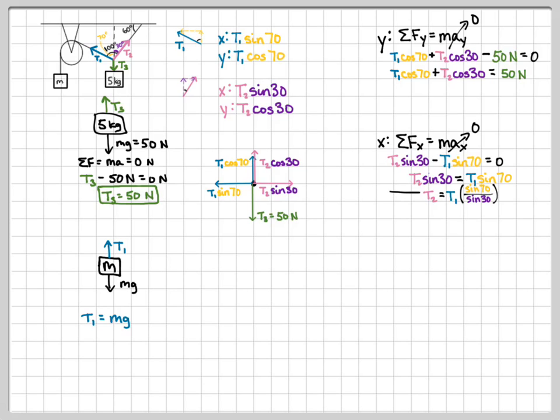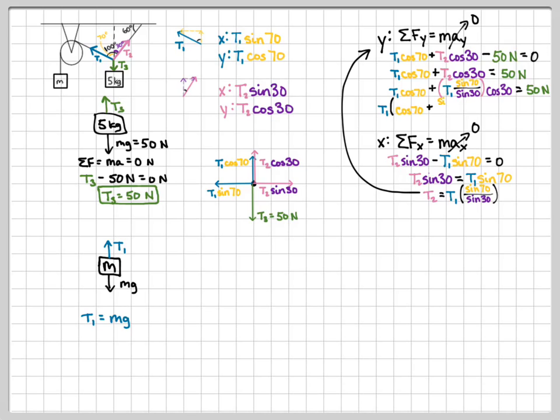So now we're going to plug it into our y equation. So we still have T1 cosine 70, plus we're going to plug in T1 sine 70 over sine 30 for our T2. All that times cosine 30 is equal to 50 newtons. I'm going to factor out T1.